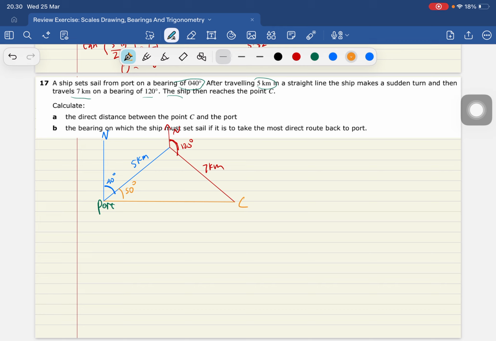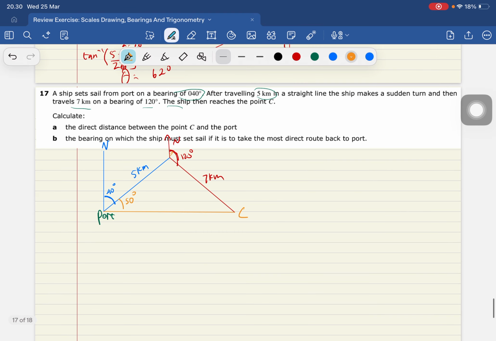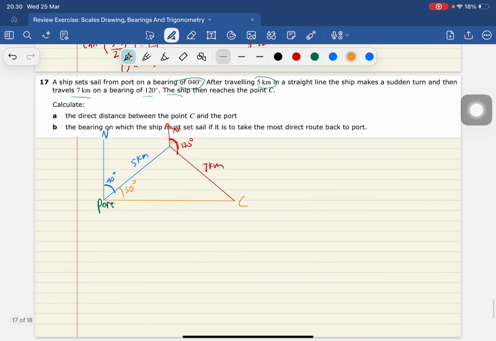Then what else can we know from here? Opposite of it and then the adjacent. Okay, let's continue.